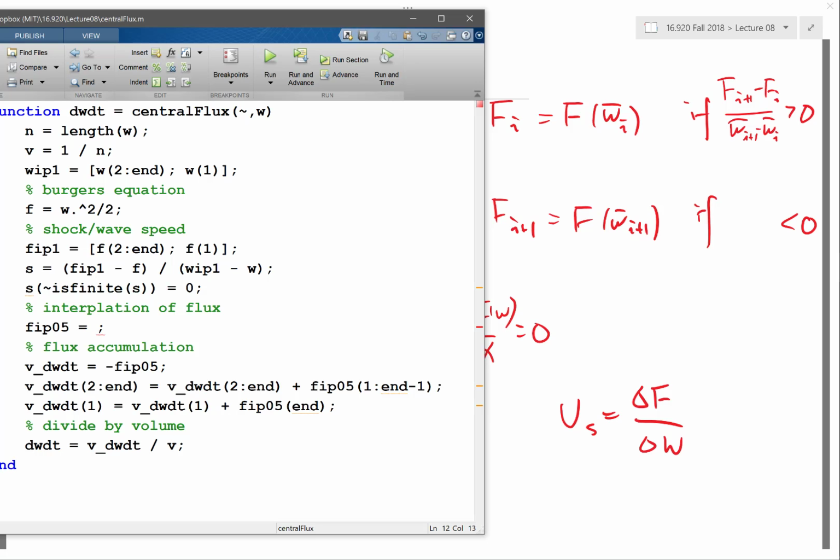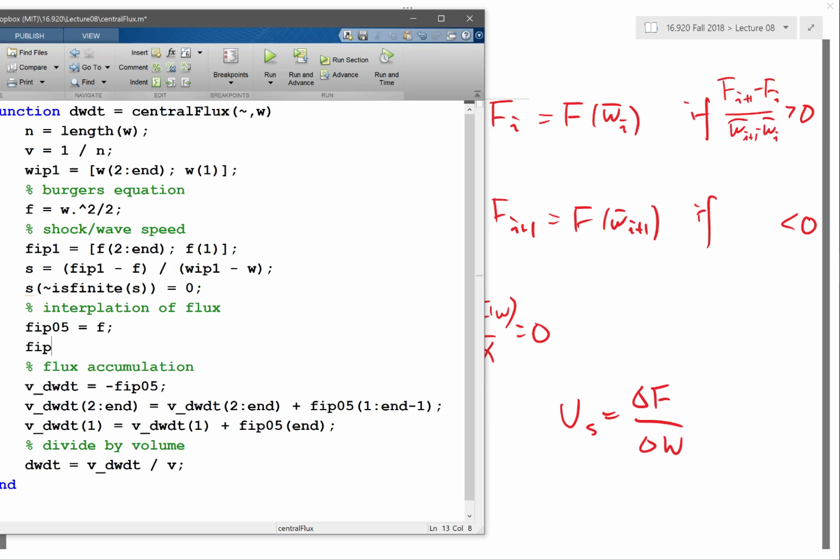So let's just say equal to F for now, and F_{i+0.5} would be equal to F_{i+1} if the speed is negative. So this is basically a Boolean indexing.